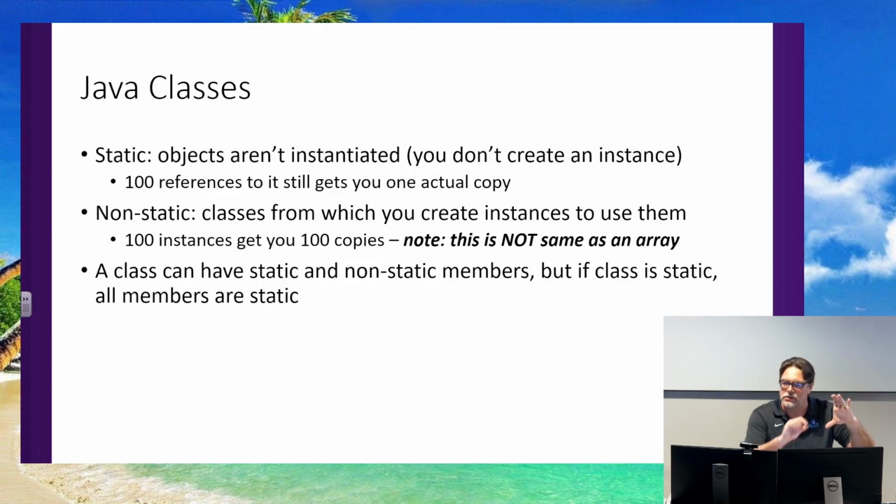It is possible, it's legal for you to have non-static things where you access via an instance of the object, and you have some static things in there that there's really only one value to them. For example, if you just wanted to know how many cat objects have been created, you could put a static integer into your cat class, and every time one gets created, bump the counter by 1.